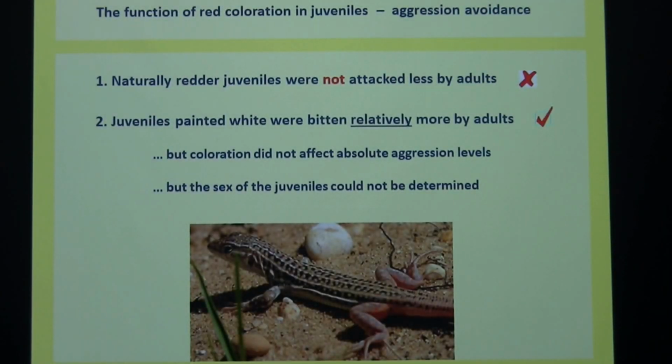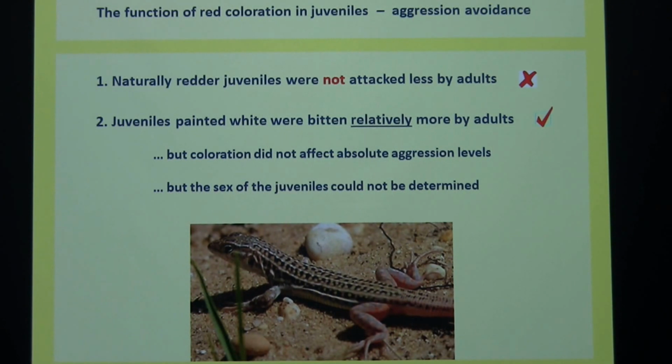Then, to summarize the studies about the aggression avoidance hypothesis, our results did not support the first prediction, but were consistent with the second prediction if we consider escalation in aggression intensity. Our interpretation of these results is that red coloration in juveniles reduces aggression intensity by adults, and that result is consistent with the hypothesis.